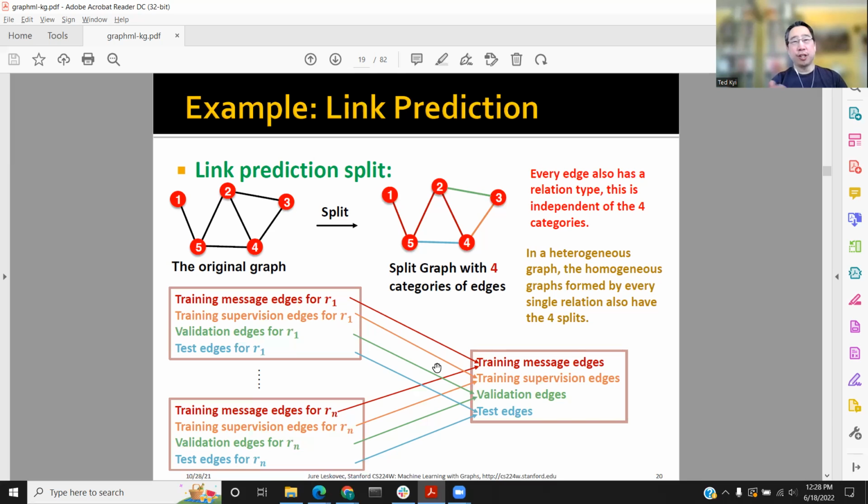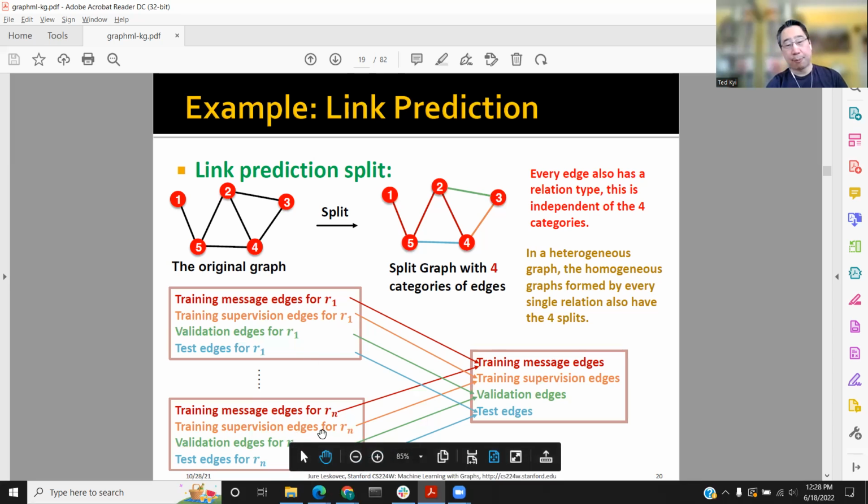Just like we have a concern potentially when a certain column has few values of interest, we might want to stratify on that when we're doing our train validation sets. They're saying the same thing here: maybe if this orange type of edge is very rare, we just want to make sure that we're stratifying and splitting. So what they recommend is that you split on each relation type separately, and then merge them together into your training and validation sets.